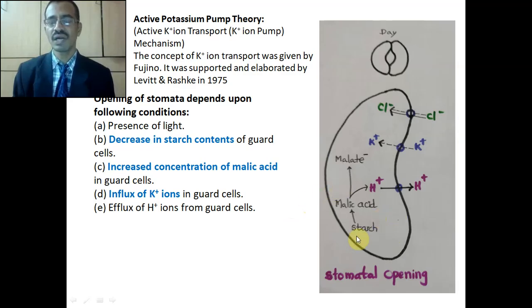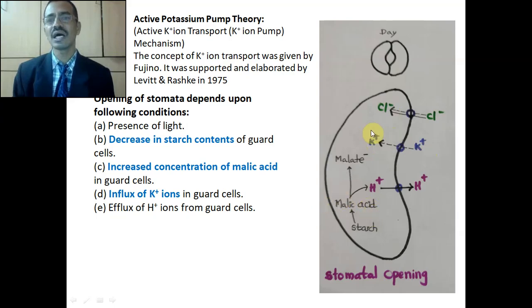So here what happens? We see the accumulation of ions like malate ion, potassium ion, and also chloride ion. Chloride ions also come into the guard cells to balance the potassium ions.